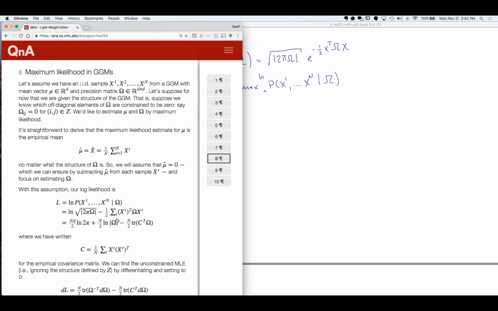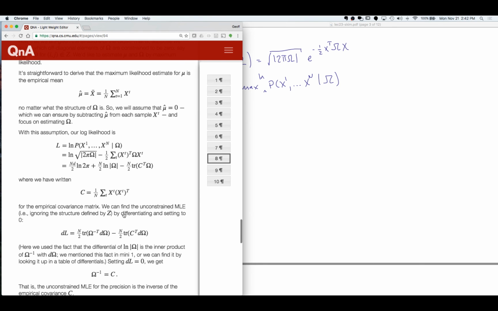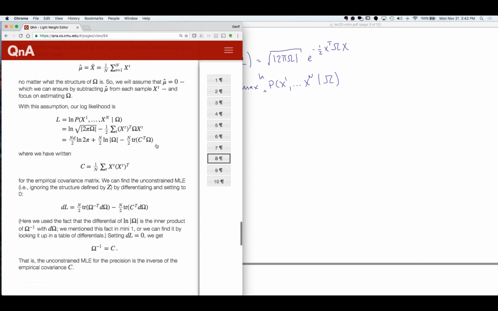And so we did a bunch of algebra and derivatives, and we got this expression, that the inverse of the precision matrix equals C, where C is described this way. It is the empirical covariance matrix. Empirical just means derived from data. So what this means is the covariance of x.